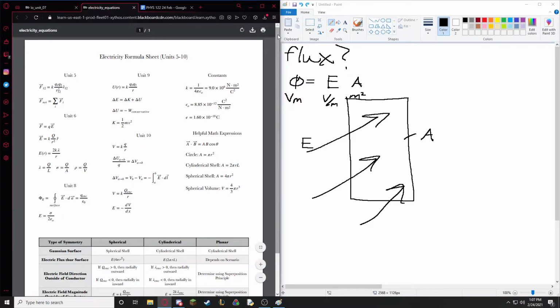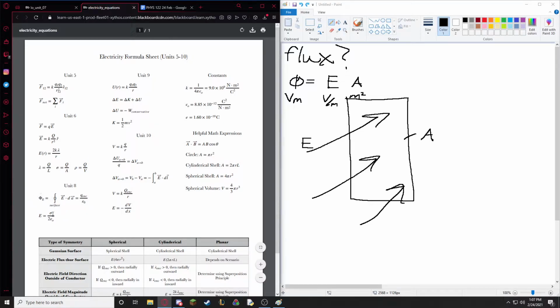It should be here in your equation sheet. Given right here, our electric flux, phi E. We'll also see a magnetic flux later.